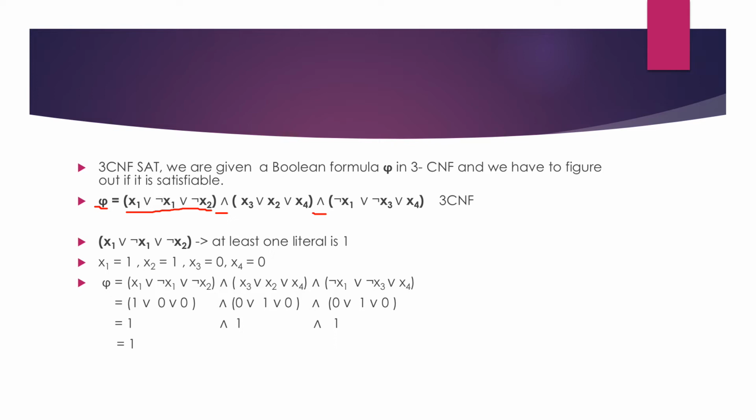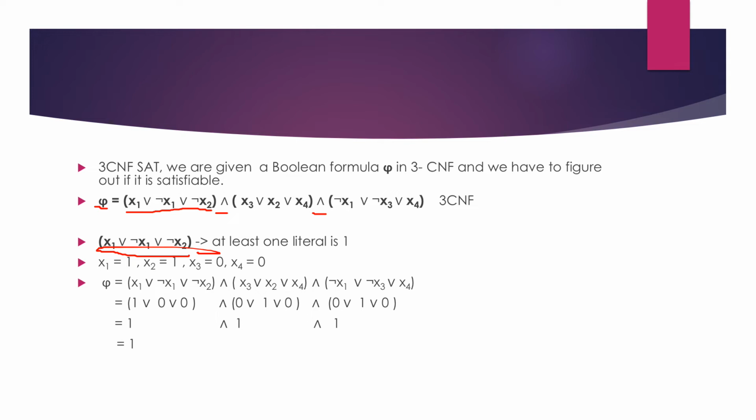So let us see the above formula once again. We can see each of the clauses is connected by an AND operation. If we take just one clause, and at least one of the literal values is equal to 1, then the whole clause will yield a value of 1. So let us assign some values to x1, x2, x3 and x4: x1 and x2 will be 1 and x3 and x4 will be 0.